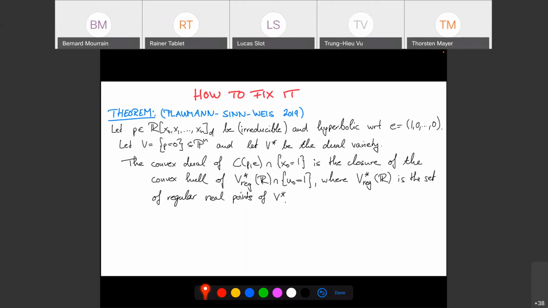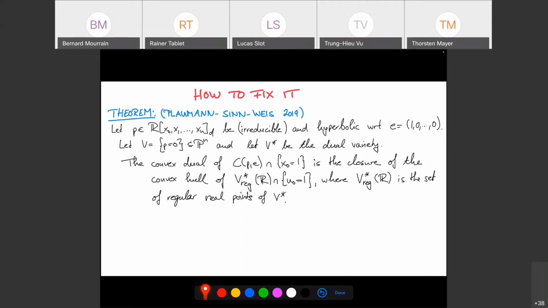As before, you only take the points that are finite with respect to this homogenizing variable, so you only look at points where U1 is equal to 1. But then you don't take all of the points on the dual variety, but only those where the dual variety is smooth.